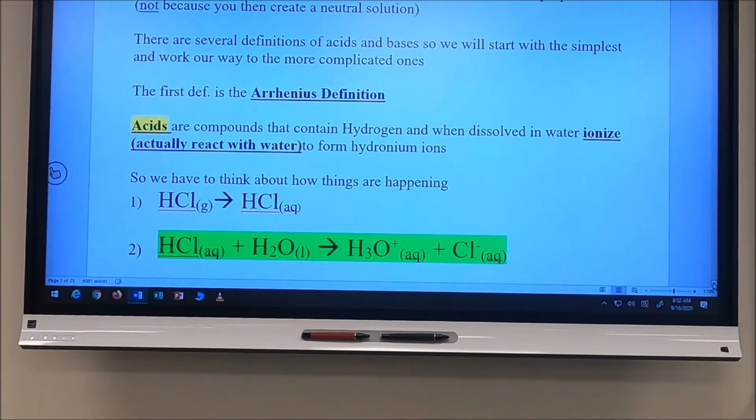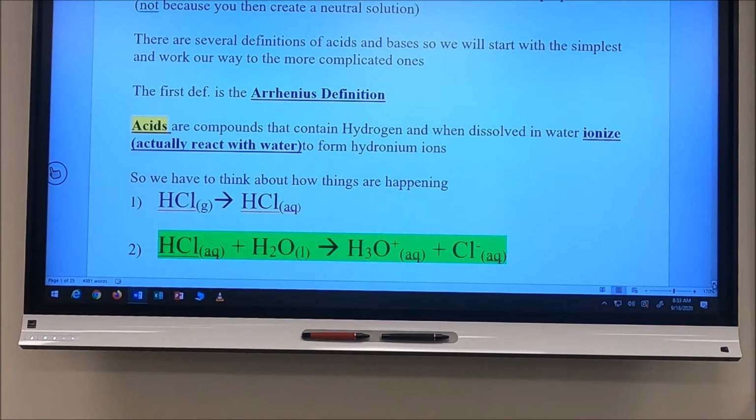He was involved with working out activation energy and kind of starting us down the road of reaction mechanisms. He's responsible for the collision theory, when we were back in Chapter 14. I know I'm bringing up nightmares. So we're going to go with his definition of acids and bases.